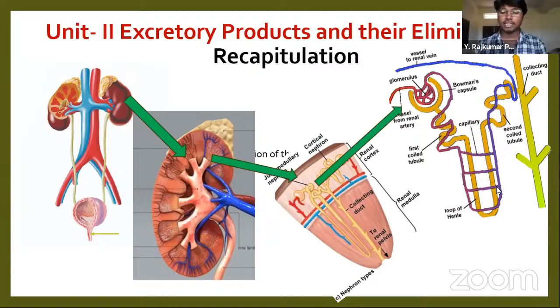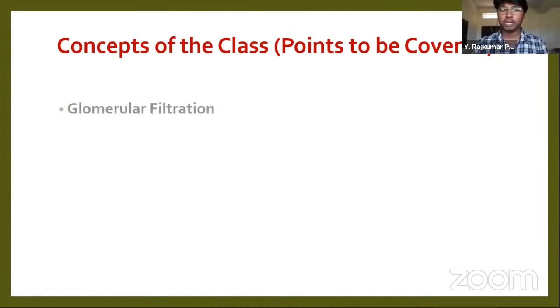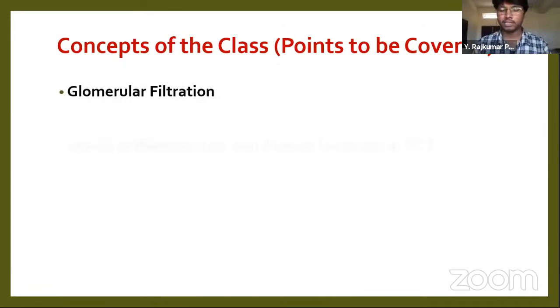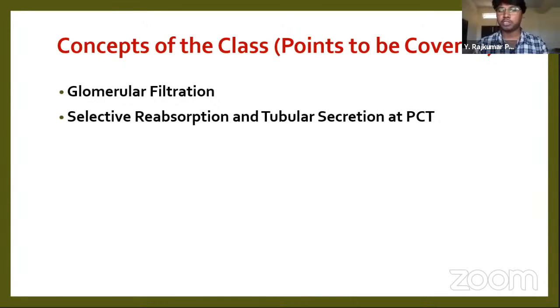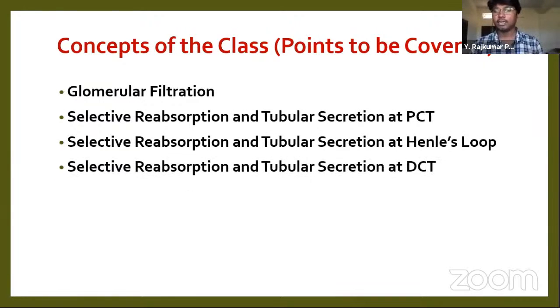Let's see now about the formation of urine. The concepts that we are going to cover in this class are glomerular filtration, selective reabsorption, and tubular secretion at the proximal convoluted tubule, the same reabsorption and secretion at Henle's loop, and reabsorption and secretion at the DCT, which is the distal convoluted tubule.